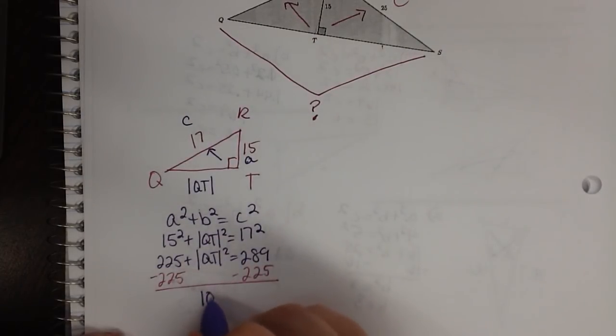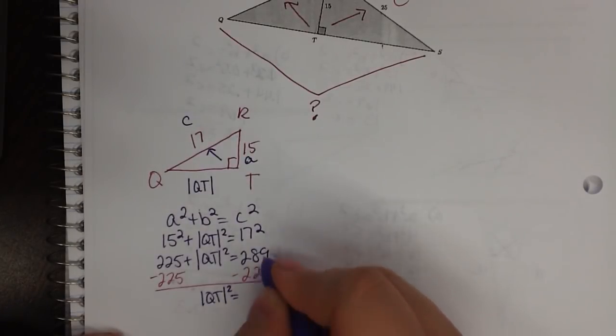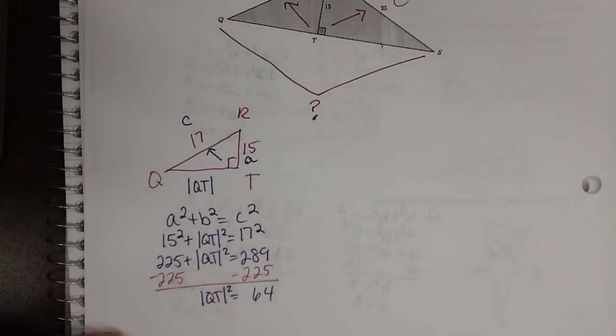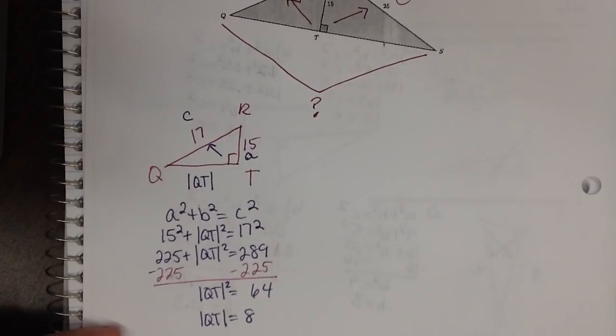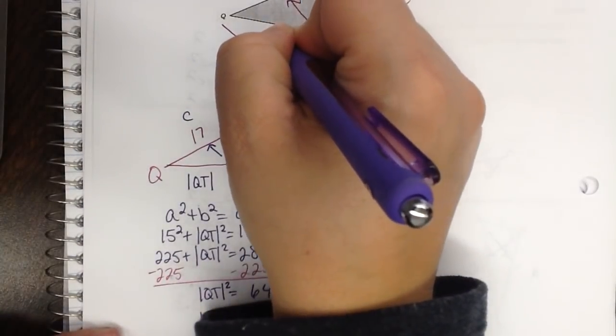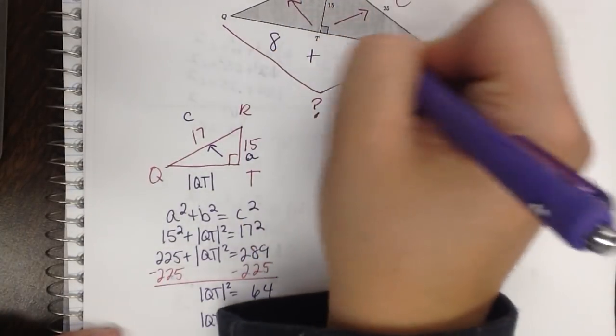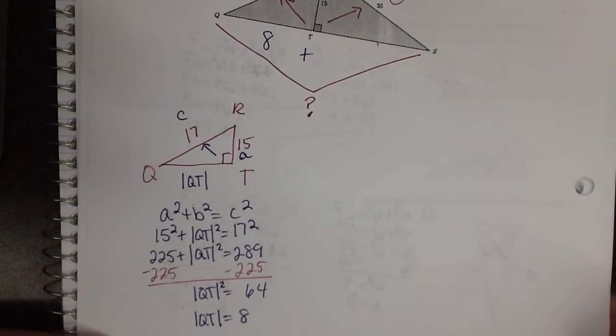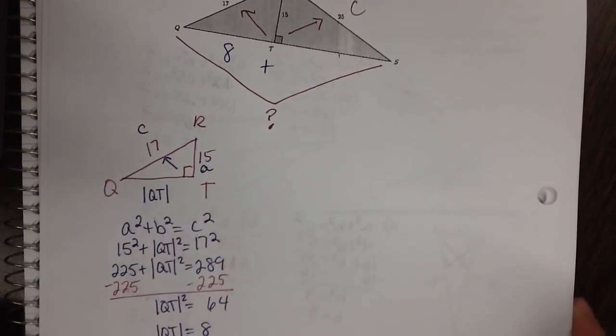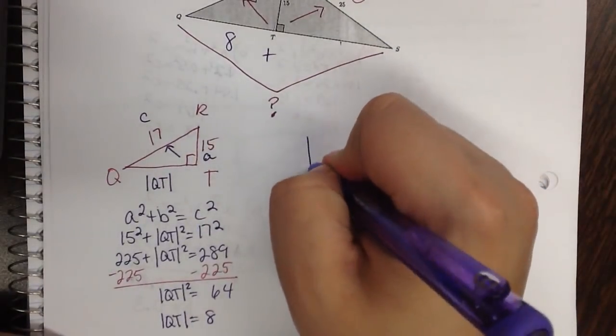So the distance from Q to T squared equals 64. So the distance from Q to T is 8. So then up here, this would be 8 plus some number. We're going to figure that out in just a second. Okay, so now I'm going to draw my other triangle.